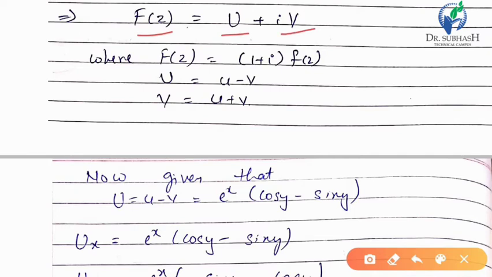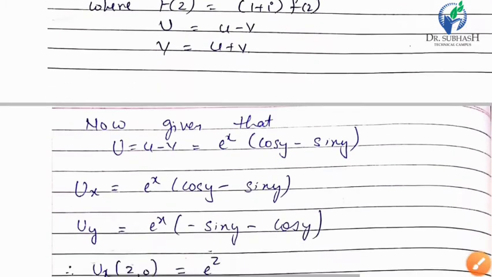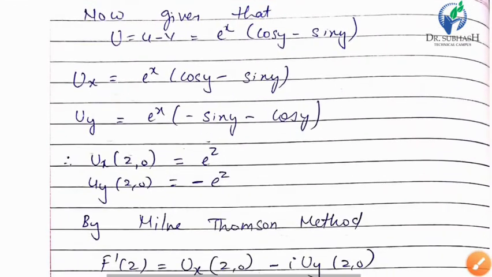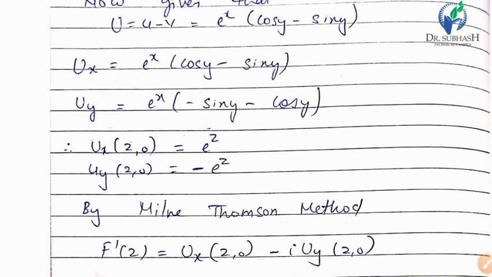Now what we are given, that we are given u minus v. So what is our u minus v? That is capital U, and the given function is e raised to x times (cos y minus sin y). Now again, by Milne-Thomson method, first we need to find Ux and Uy.